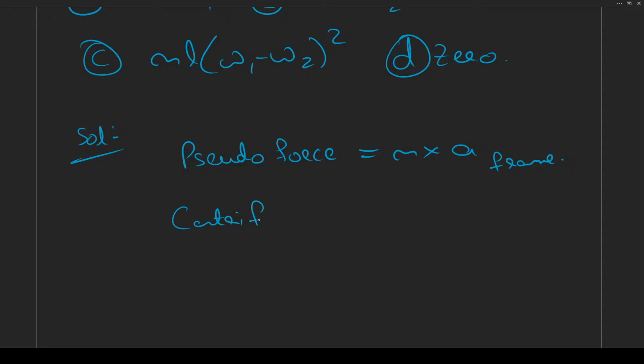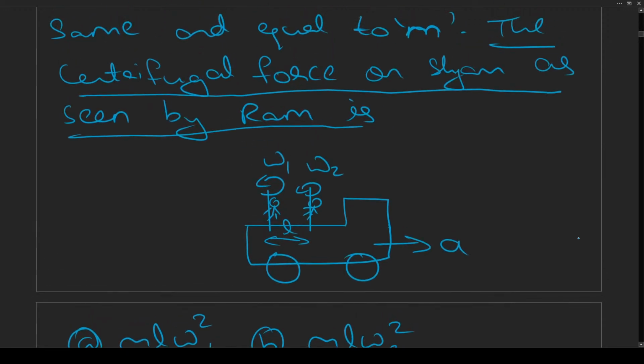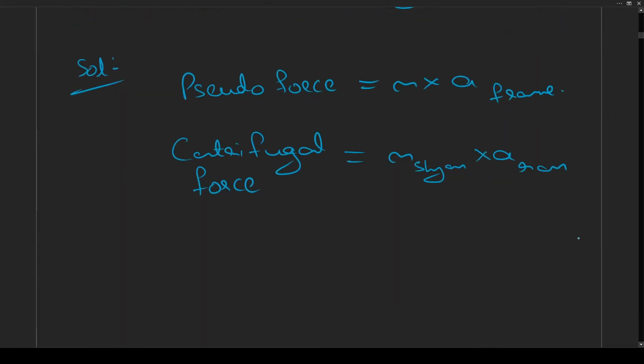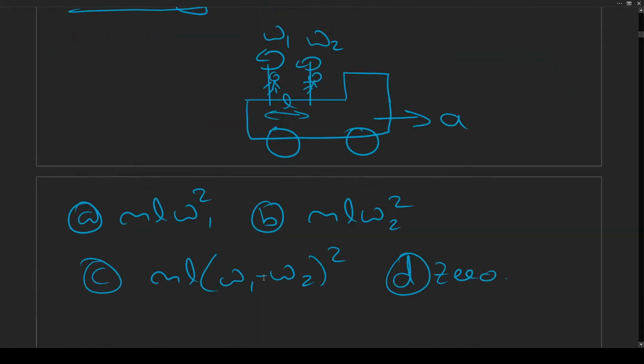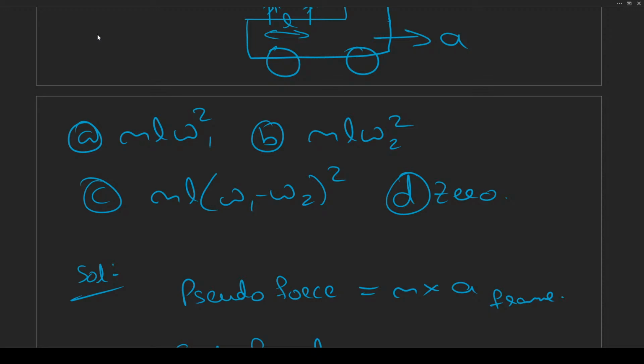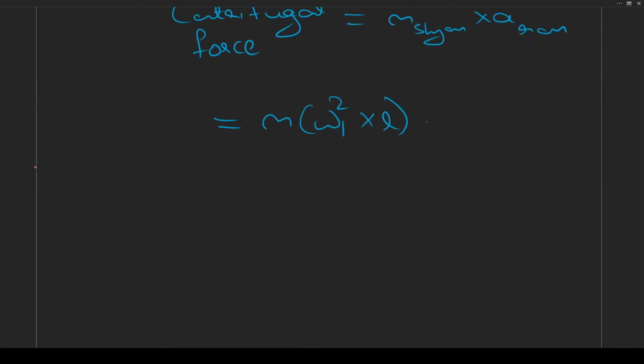Centrifugal force is equal to mass of Sham times acceleration of Ram, because this is force on Sham as seen by Ram, which is equal to m omega 1 square times L. So it is option 1. Next example.